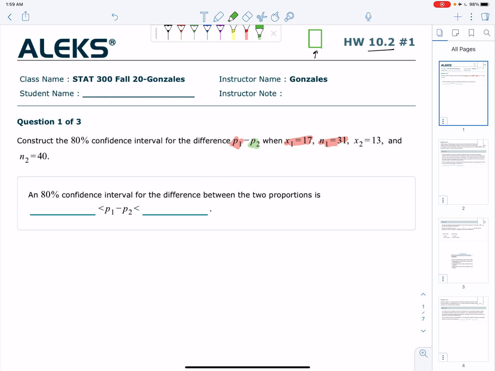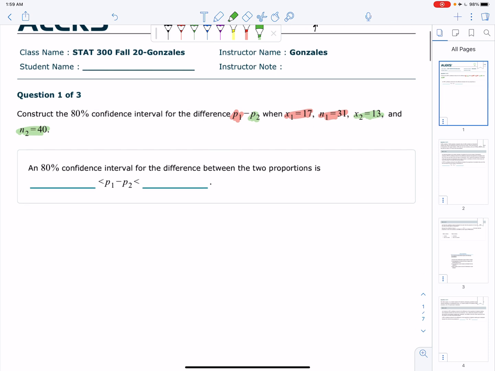X is the number of individuals in the category of interest, from our second sample, and n sub 2 is our sample size. With this information, we can start figuring out some stuff, and we need to begin to write it down. I'm going to stick with the same coloring here.